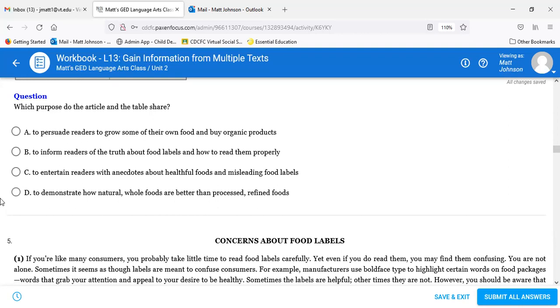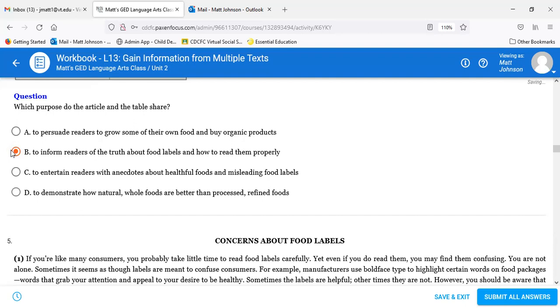C. To entertain readers with anecdotes about hurtful foods and misleading food labels. D. To demonstrate how natural whole foods are better than processed refined foods. B. Yes, B, right? Just it's informational.